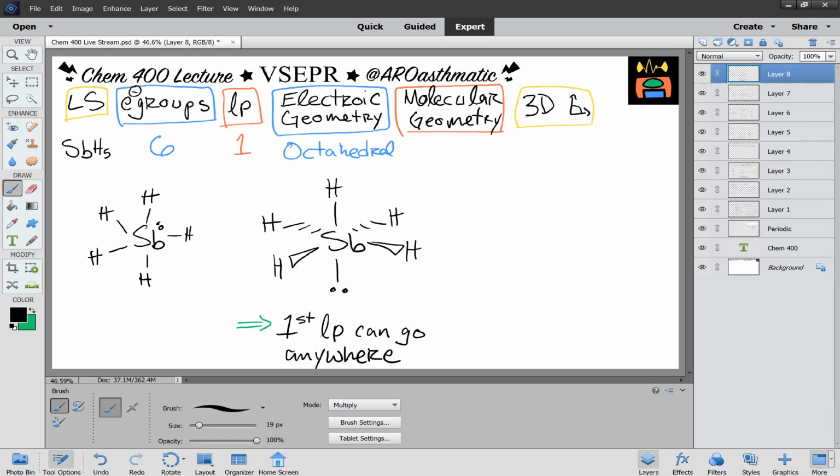Now, let's look at the molecular geometry. We do not look at the shape of any lone pairs to determine our molecular geometry. And when you look at the shape this makes, it makes another pyramid, a pyramidal type shape, but the base of this pyramid, you'll notice, has 4 vertices, which makes it a square. So our molecular geometry here is square pyramidal.